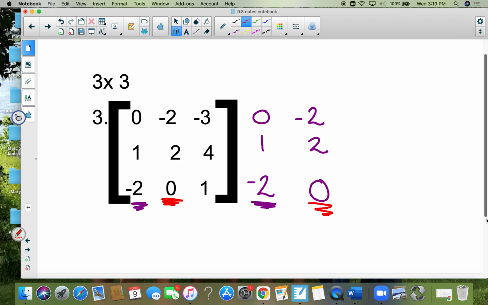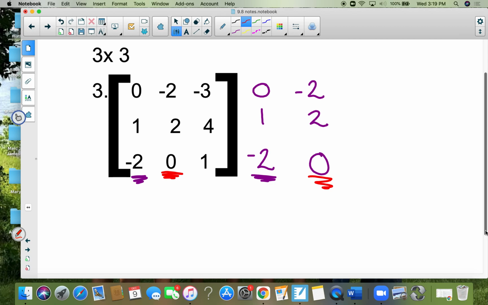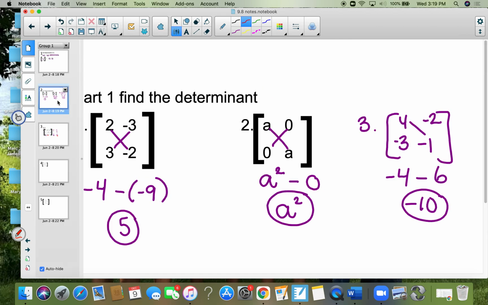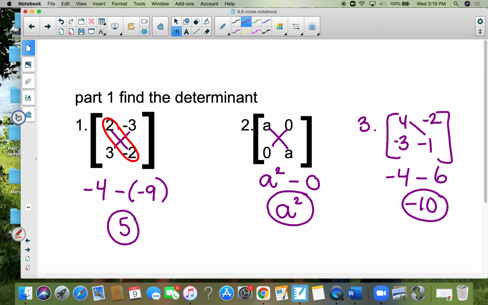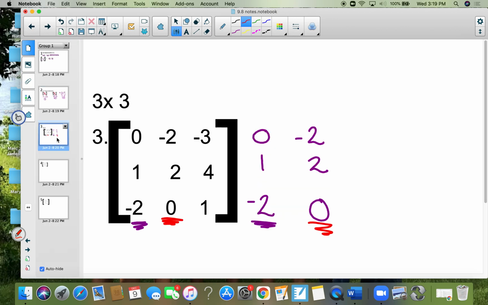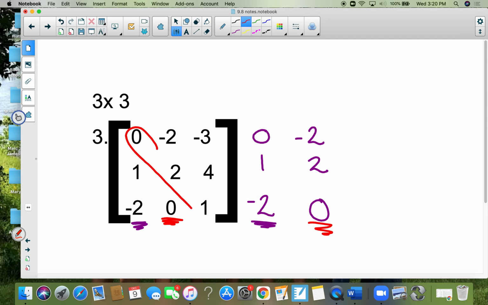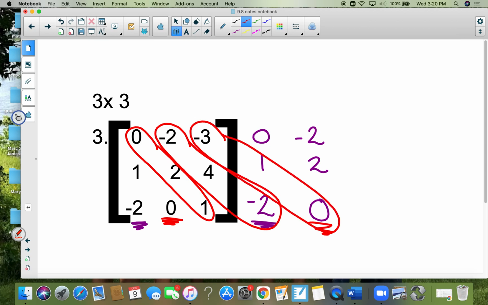And then all you're going to do is pretty much the same concept, just like you did in the first problems. See how you always went in this direction first? That's what you're going to do here. You're going to do this diagonal of 3, this diagonal of 3, and this diagonal of 3, and multiply these together. 0 times 2 times 1 is 0.